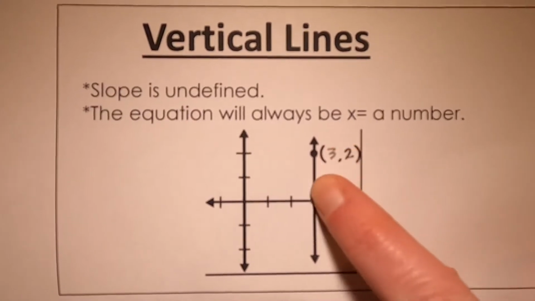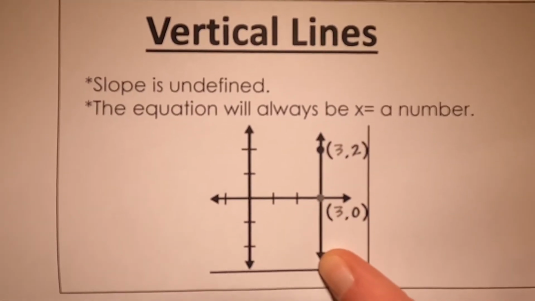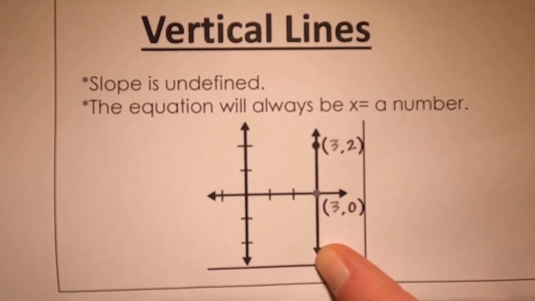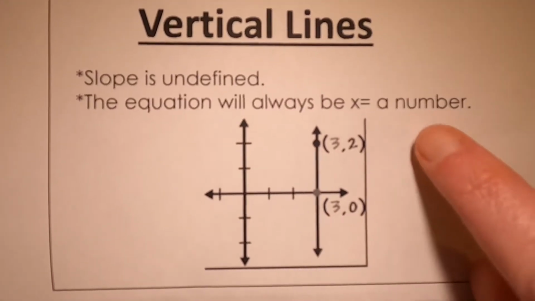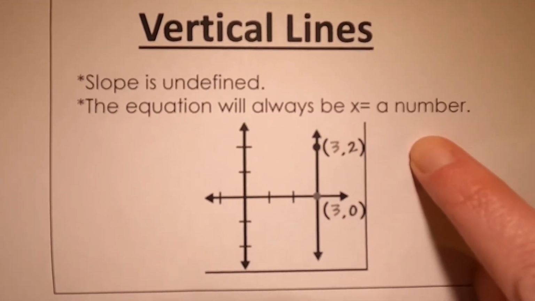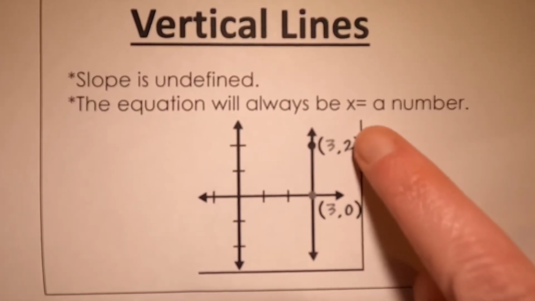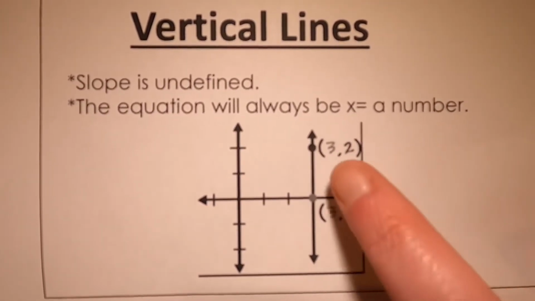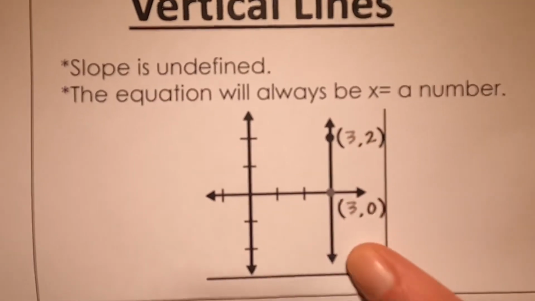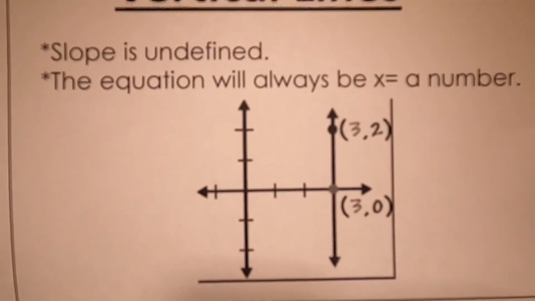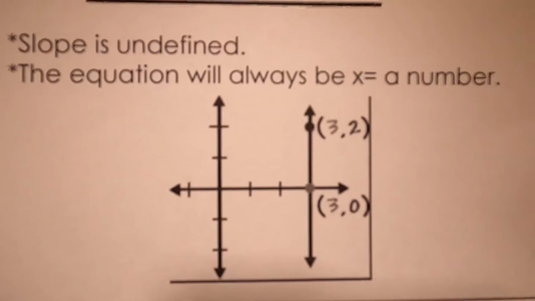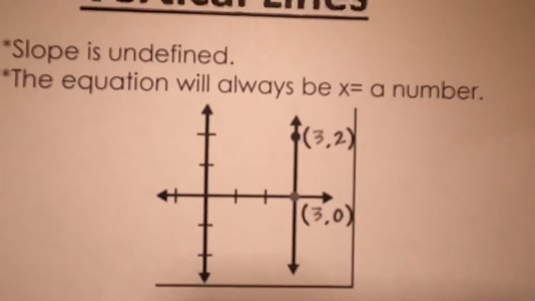The slope is always undefined on a vertical line, and the equation is always x equals a number. So the equation of a vertical asymptote will be x equals a number. In this example, x equals 3 would be our equation of that vertical line. That is coming soon with your vertical asymptotes.